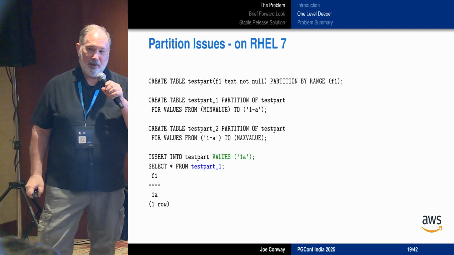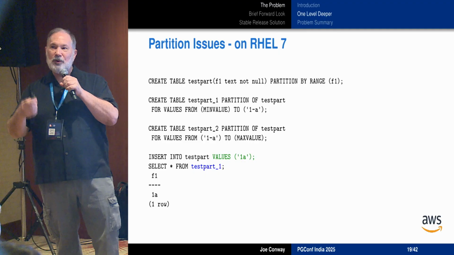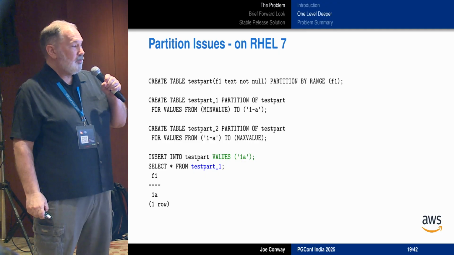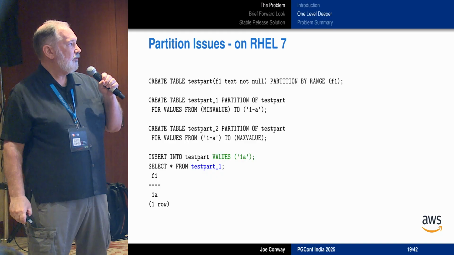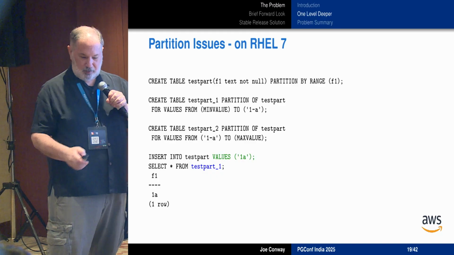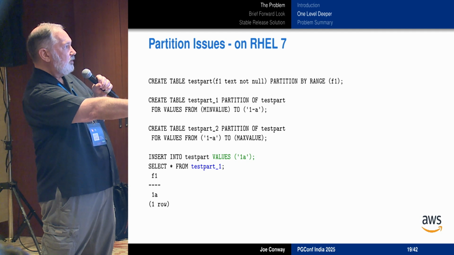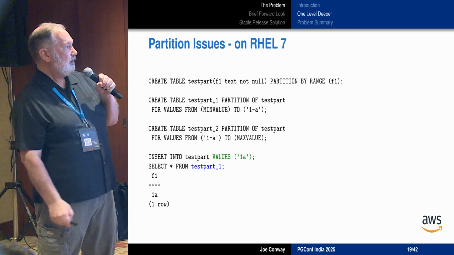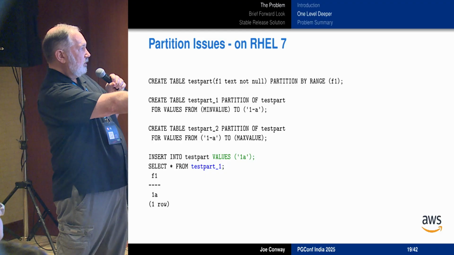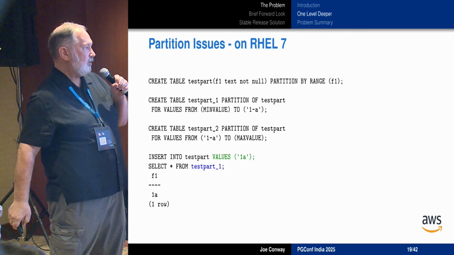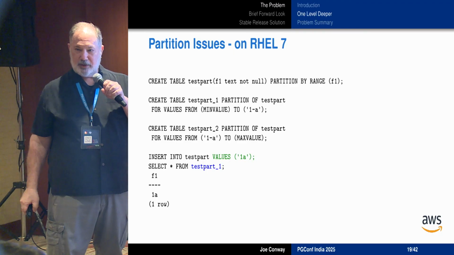So here's another one that you probably haven't thought about. I think Jim was the one who pointed this out too. If you have partitions and you partition by range, right? You know what the syntax is. I'm going to say everything from min value to 1-A is going to go to partition 1, and everything from 1A to max value is going to go to partition 2, right?